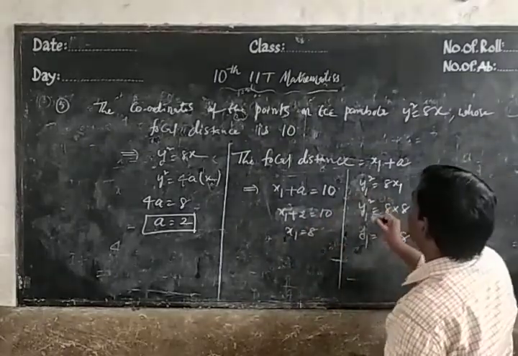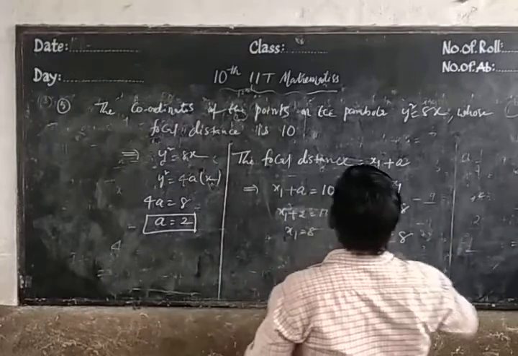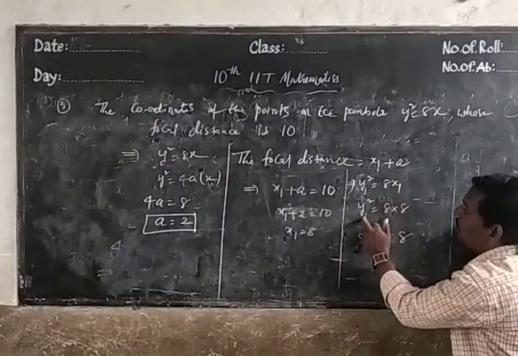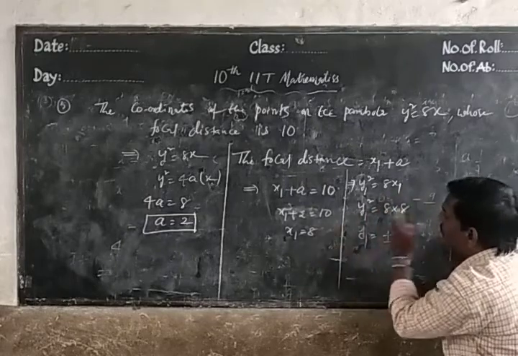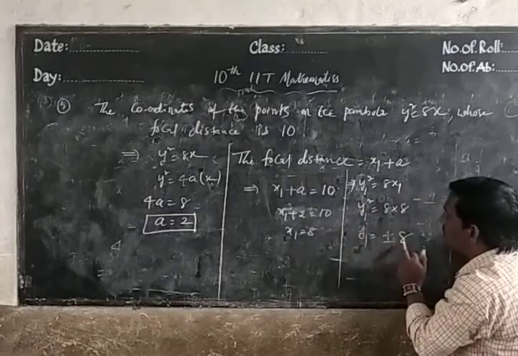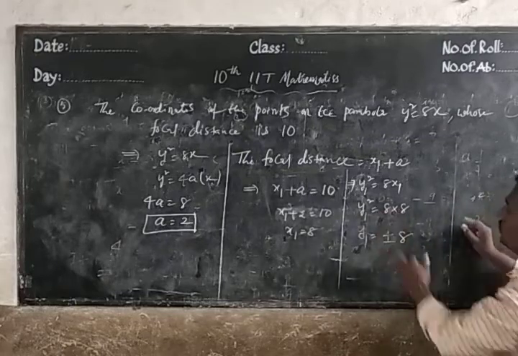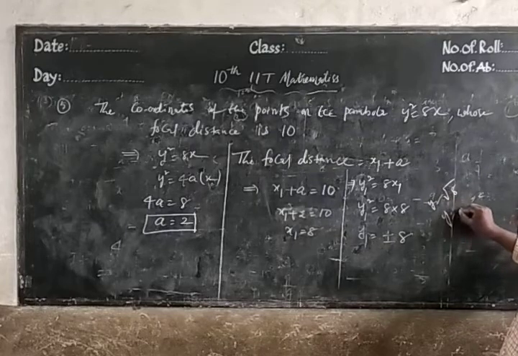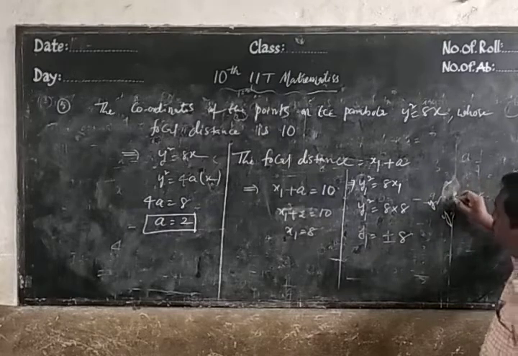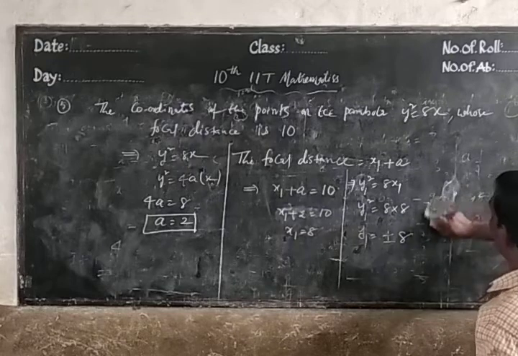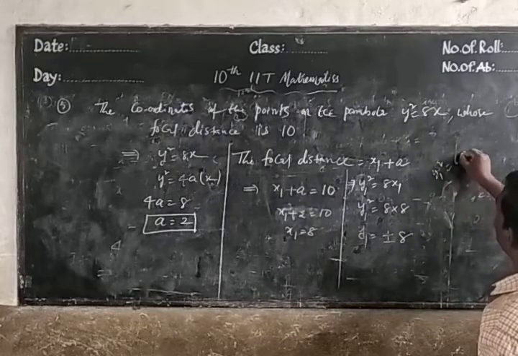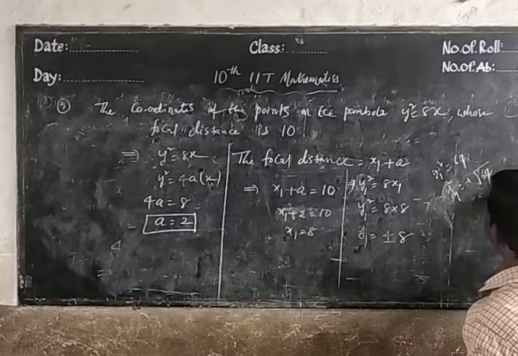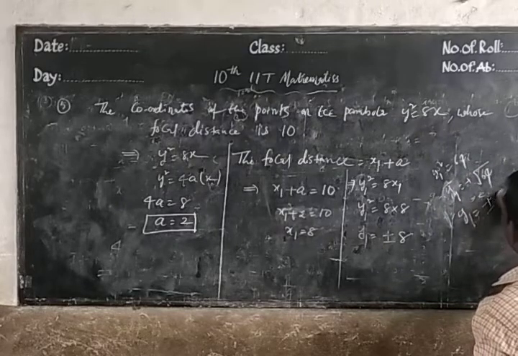Take the given parabola, y1 square equal to 8x1, y1 square is equal to 64. Y1 equal to plus or minus root 64, that means y1 equal to plus or minus 8.